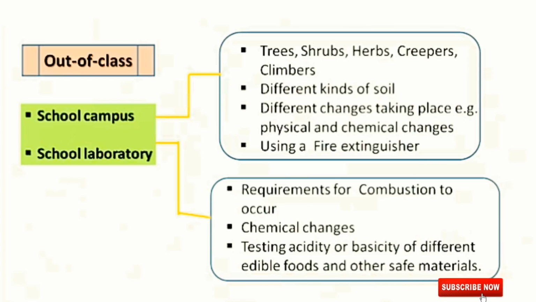So what can be done out of class then? Well, again I have a categorization here. What can be done on the school campus, and what can be done in the school laboratory? So if I look at the school campus, have a visit outside the classroom and you will see a lot of things around you. And amongst the many things that you will see are plants.